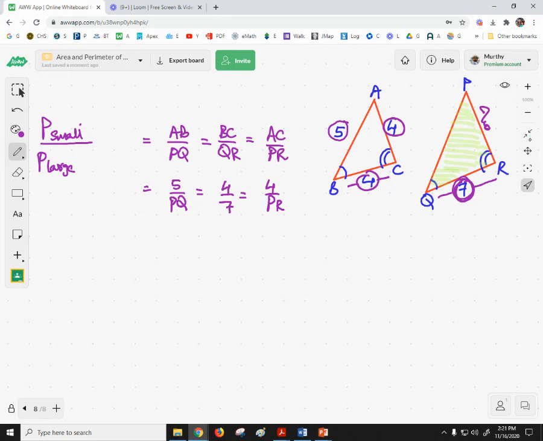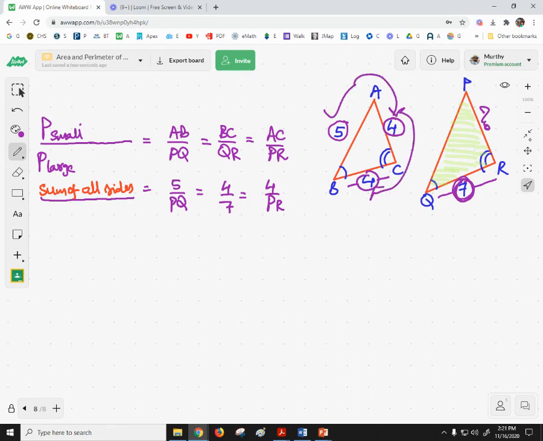As I discussed before with you all, what the perimeter means: don't forget, we take the sum of all the sides. So here in this small triangle, I know all the sides. See, this one and this one and this one.